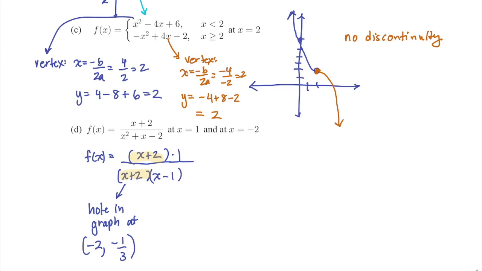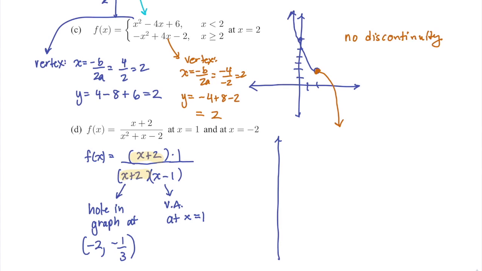So there's my hole in the graph, and then I also am going to have a vertical asymptote at x equals 1, because that value makes the denominator 0, and it does not make the numerator 0. It's not a repeated factor, it's just a 0 of the denominator.